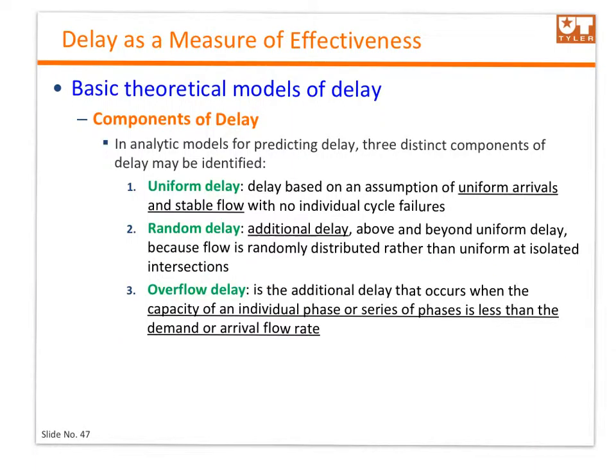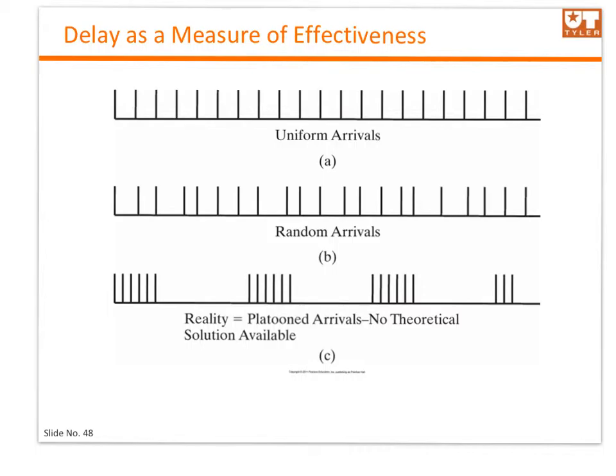So how can we differentiate schematically between uniform delay, random delay, and overflow delay? If you take a look at this figure, we can tell the difference between the three types of delay. In the very first one, we assume uniform arrivals, and therefore we have uniform delay. That means every car waiting at the red light is served in the next green light.